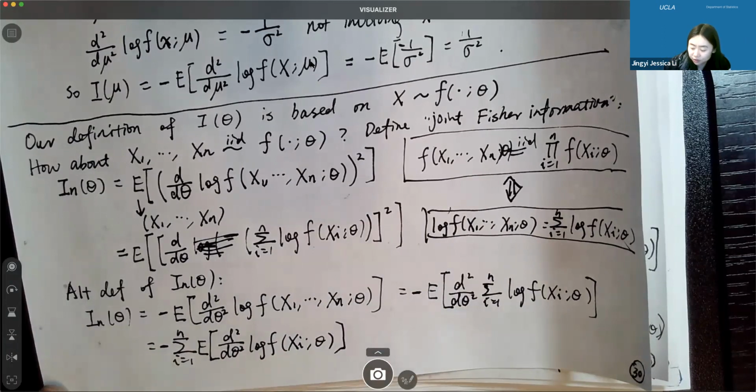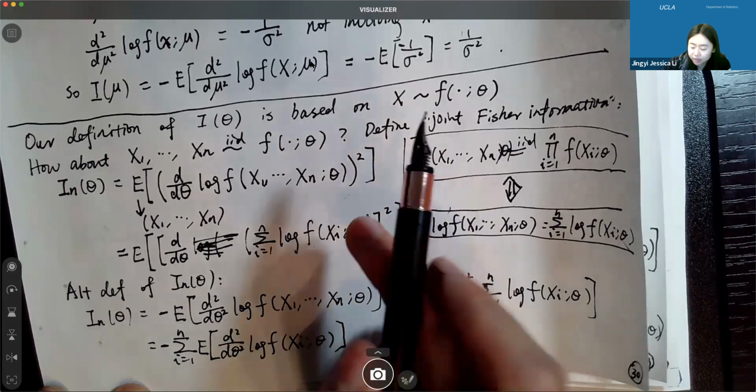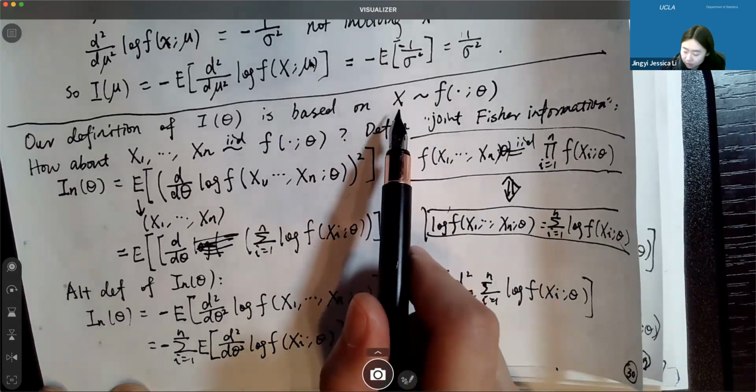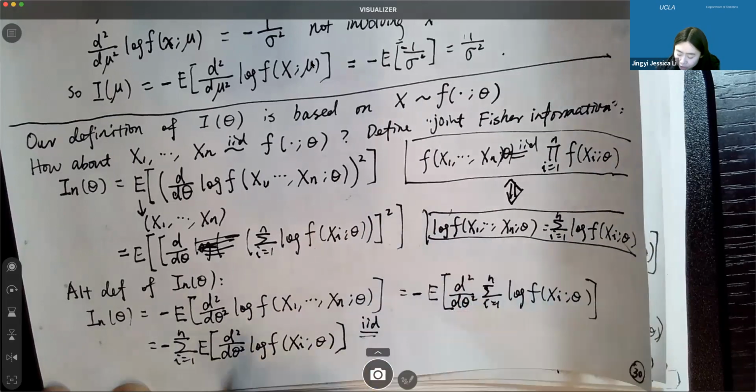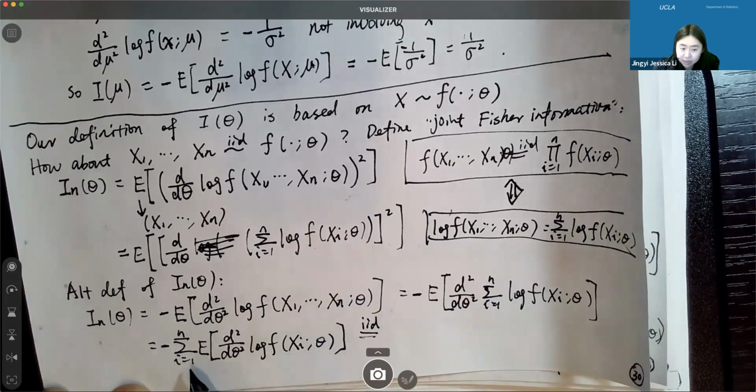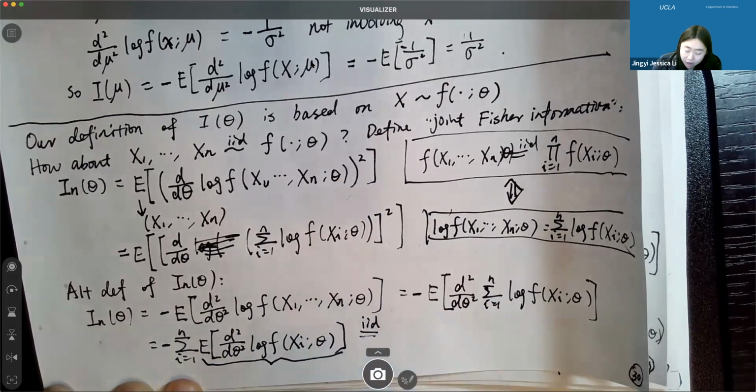Now we are going to use the fact that x1 to xn are IID. So regardless of the i, the expectation is always the same, and each x_i is just a representative of this one random variable x. Because of IID, each expectation inside the sum is the same thing, and the minus expectation is just our Fisher information.